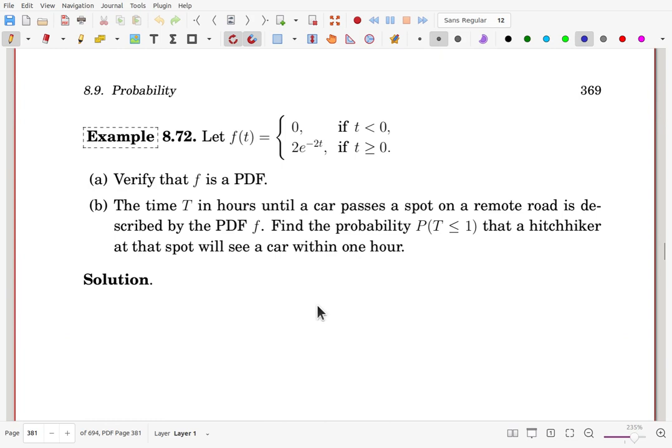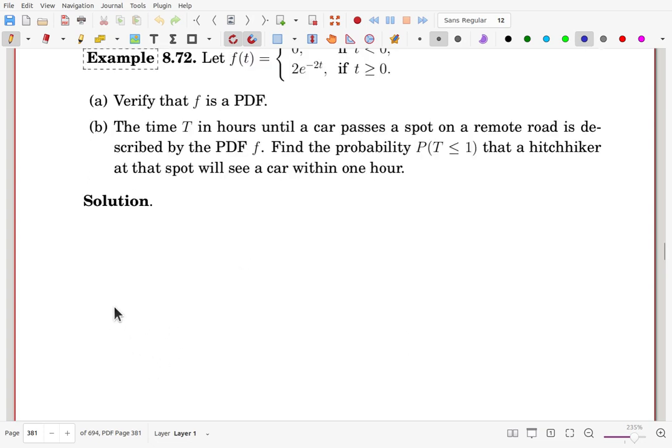Okay, let's see this example. The function f is given in this way. Now we want to verify that f is a PDF, probability density function.